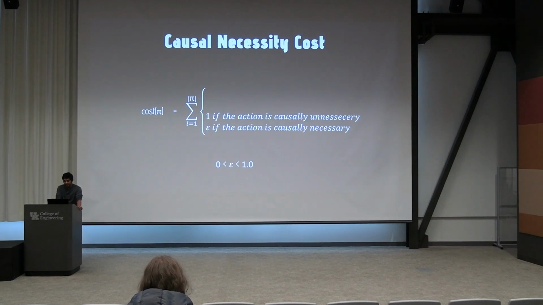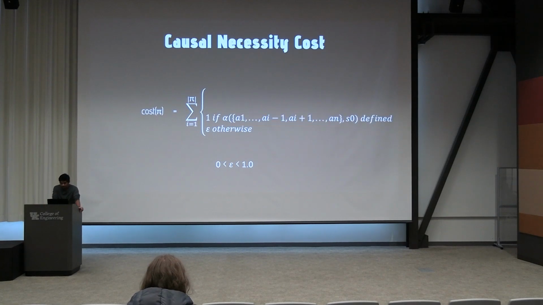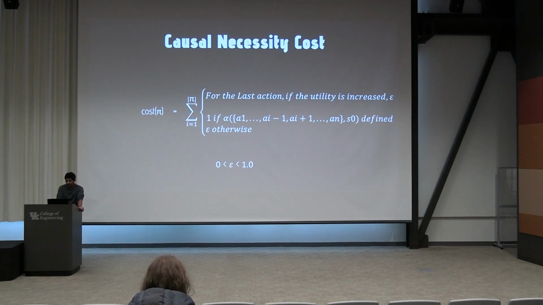If an action is causally necessary, we give an epsilon value which is between 0 and 1, and we iterate over all the actions, leave out the ith element, and check if the action sequence is still valid. And for the last action, if the utility has increased, we give that action an epsilon value, and if not, we give a value of 1.